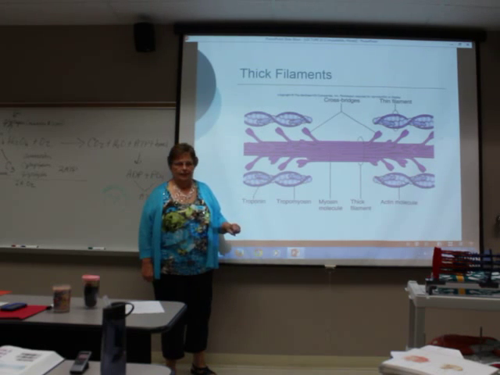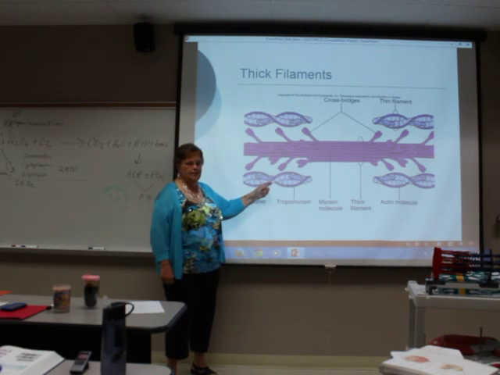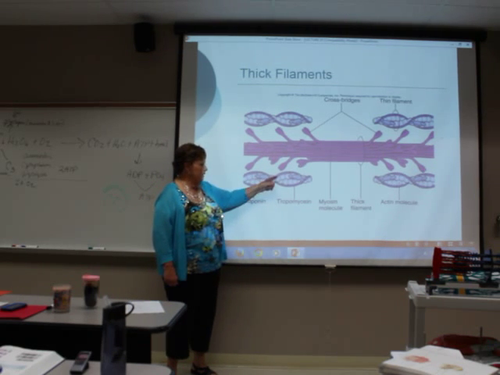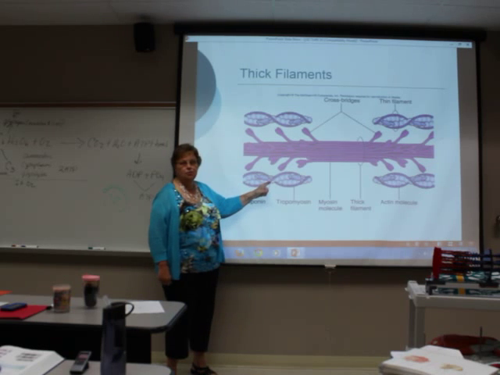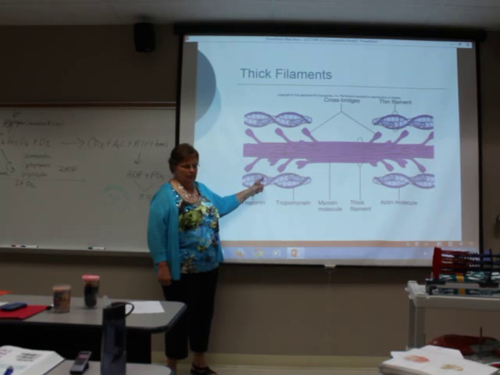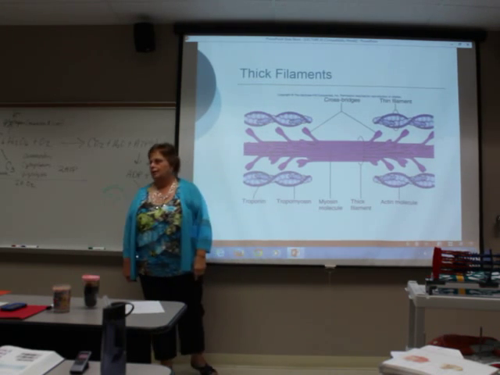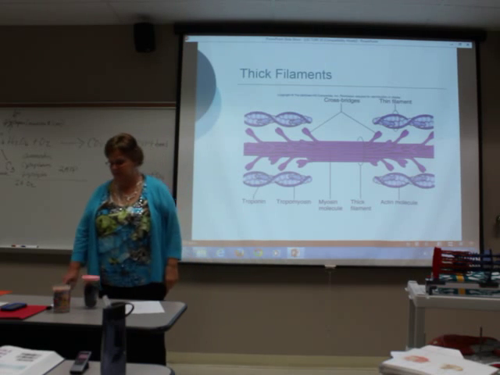Covers my active sites at rest. And then I've got 3 kinds of troponin. The one that attaches to tropomyosin is troponin T. The one that attaches to calcium, C. And the one to actin, I. Troponin I.